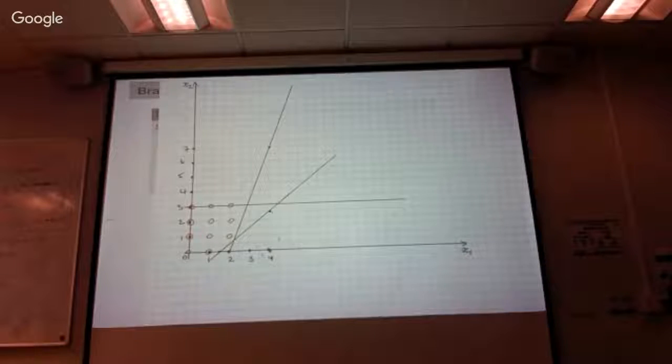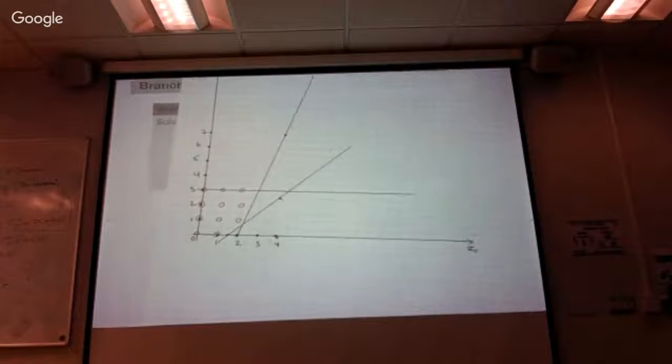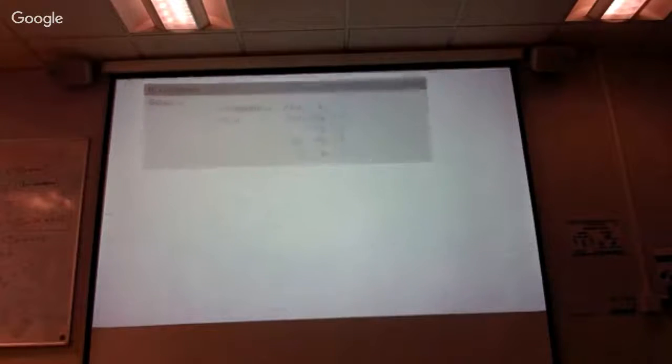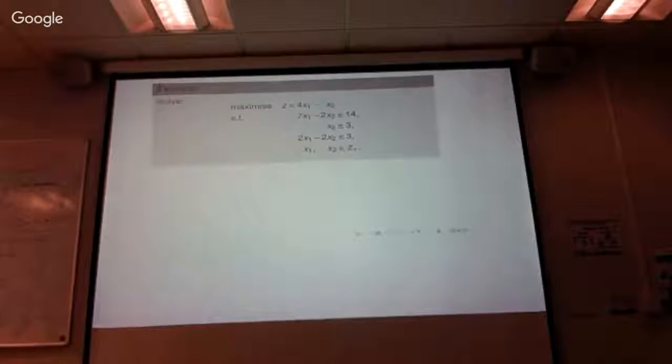And do you remember how we did the branching last week with a tree and putting zeros and ones? That sound familiar? Okay. So the idea is similar. What we're going to do is branch on the various possibilities for x1 and x2, but in a kind of a smart way.